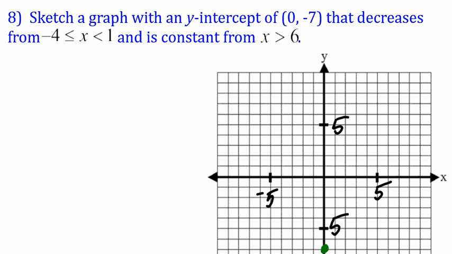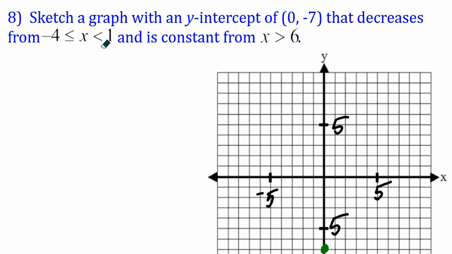First thing I want to think about is I have to have a y-intercept of (0, -7). Then the next part is thinking about the two intervals given, one that's decreasing and one constant. So what would that look like in interval notation? Well, this is included, right? And since it's included, it would have to have an endpoint.